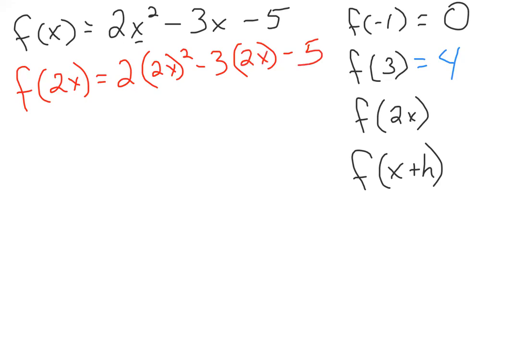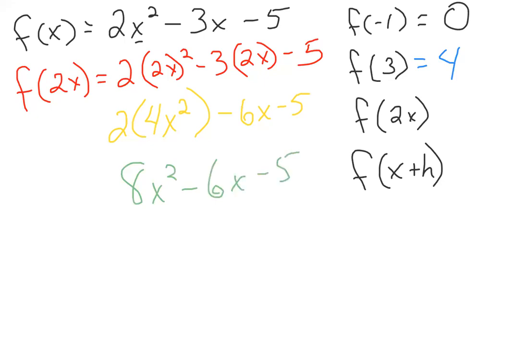Wherever I see the x, I plugged in 2x. 2x squared is the same as 2x times 2x, which gives me 4x squared. -3 times 2x gives me -6x. 2 times 4 gives me 8x squared minus 6x minus 5. Do I have any other like terms? The answer is no. So the answer is 8x squared minus 6x minus 5. Sorry, I'm kind of tight on room there.